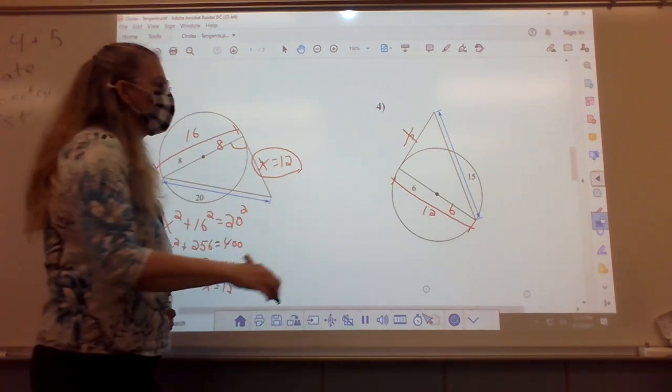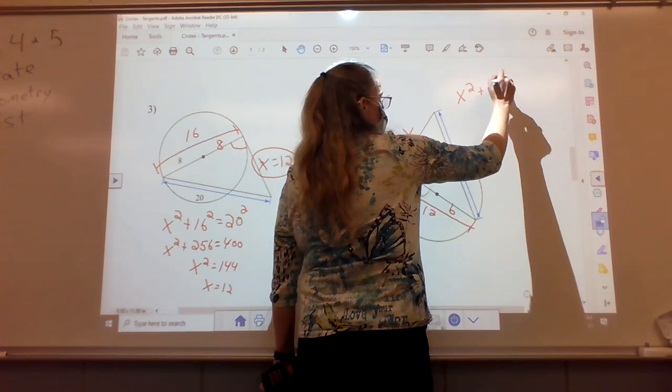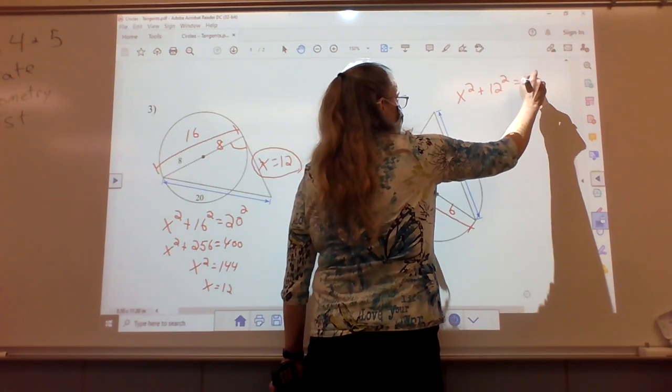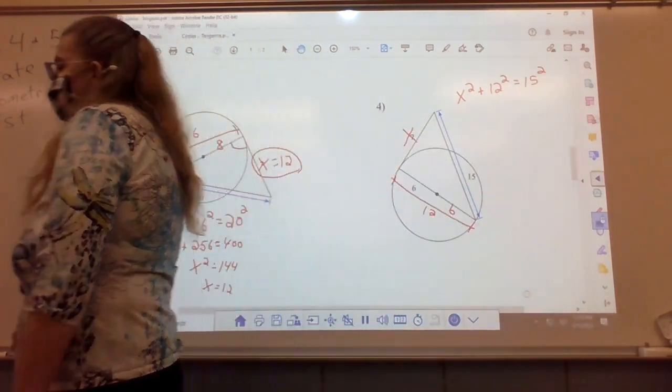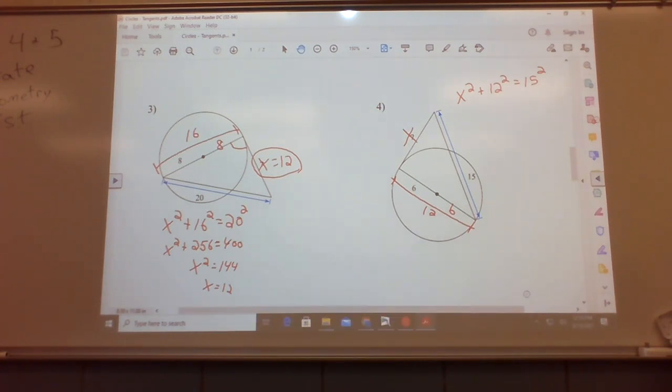So therefore, x squared plus 12 squared equals 15 squared. That's my Pythagorean theorem plugged in. A squared plus b squared equals c squared. And the hypotenuse has to be the last thing. It will always be the longest side of a right triangle.